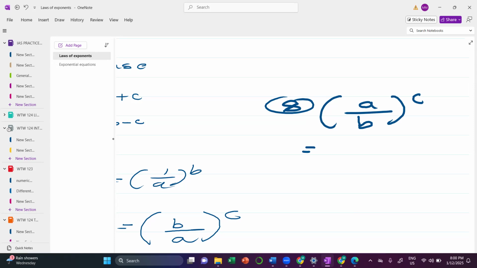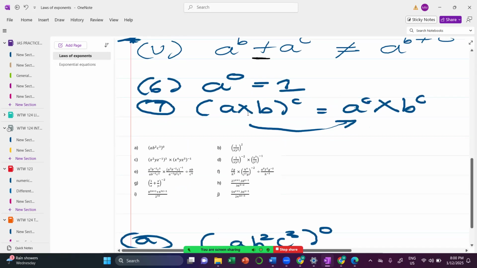The exponent is positive, so I can give each base the same exponent, but I still keep the division sign. So I'll have A to the exponent of C divided by B to the exponent of C. Because remember, we just came from what?